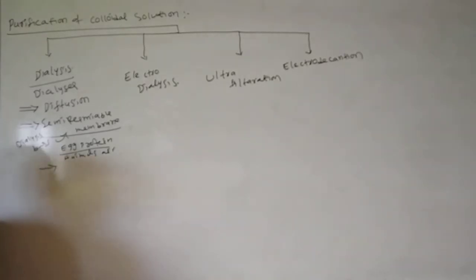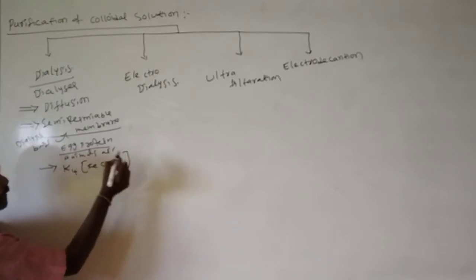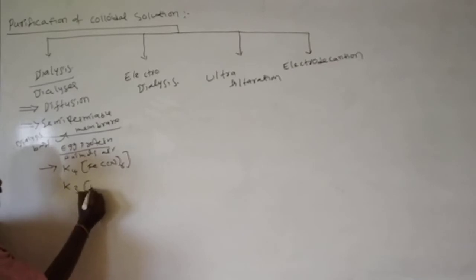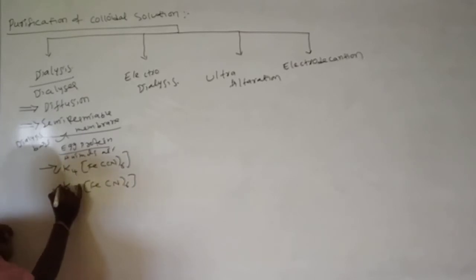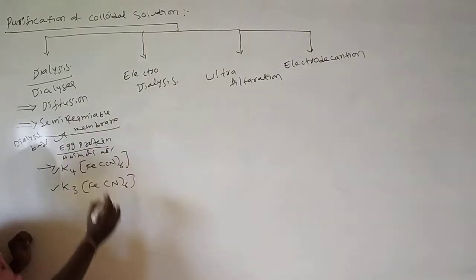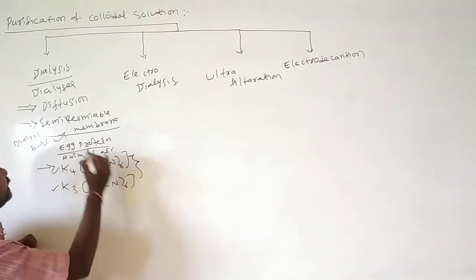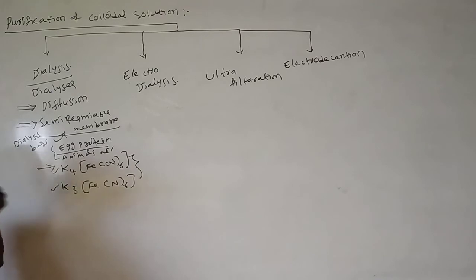Artificial semi-permeable membranes also exist: potassium ferrocyanide, K4Fe(CN)6, and potassium ferricyanide, K3Fe(CN)6, are used as semi-permeable membranes. These two we call synthetic semi-permeable membranes. Natural semi-permeable membranes include egg protein layer, animal air bladder, and some important animal internal tissues.